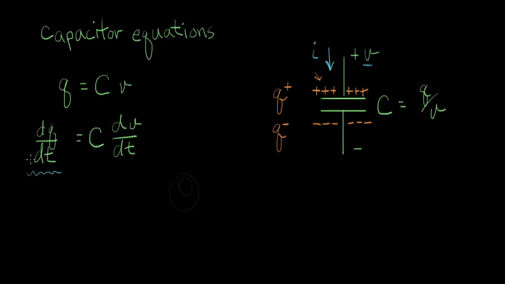This is change of charge with change of time, and that's what we mean by current. That is current, and the symbol for current is I. So dQ/dt is current, essentially by definition. We give it the symbol I, and that's going to be equal to C dV/dt.